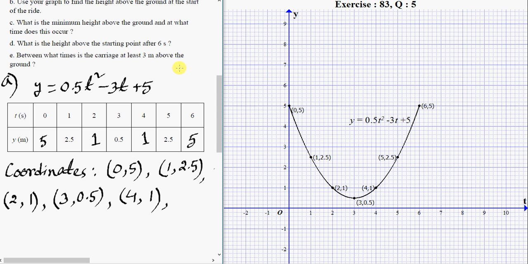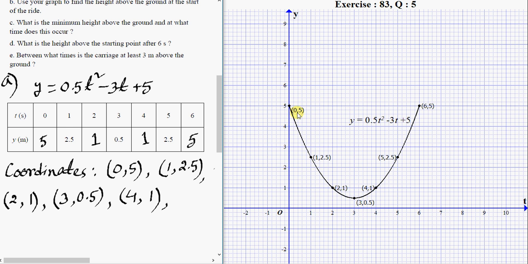Now question B, use your graph to find the height above the ground at the start of the ride. At the start means time is 0. So when time is 0, y is 5.